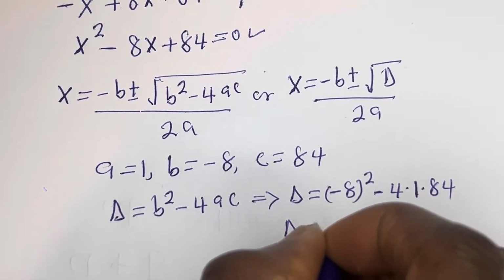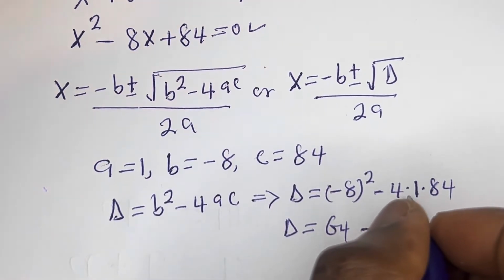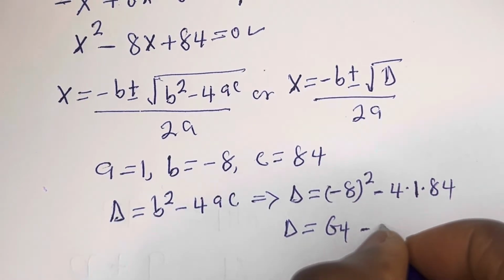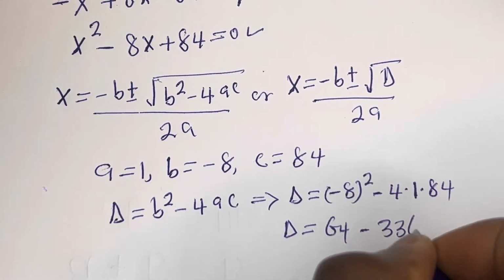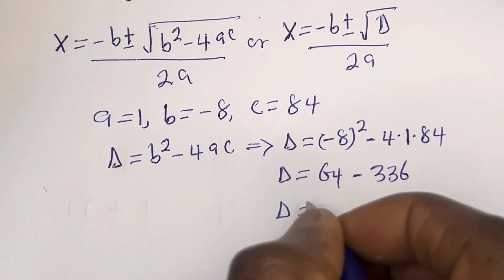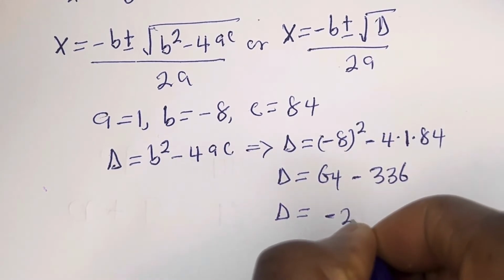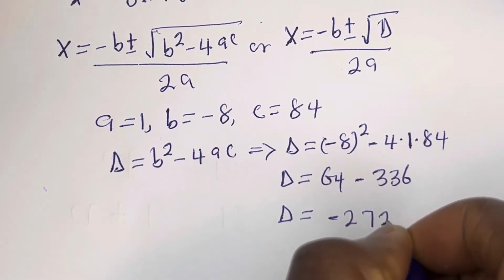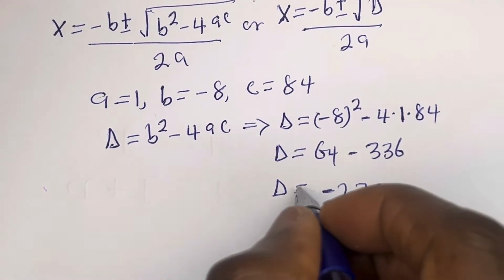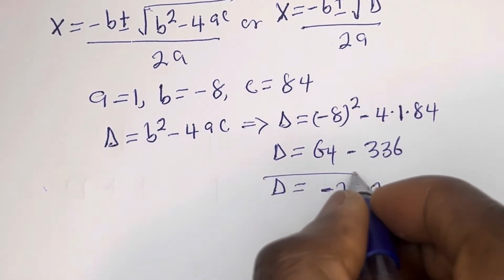Then d is equal to minus 8 squared, that is 64, minus 4 multiplied by 1 multiplied by 84, that is 336. d is equal to 64 minus 336, that is minus 272. Minus 272. This is the value of d.